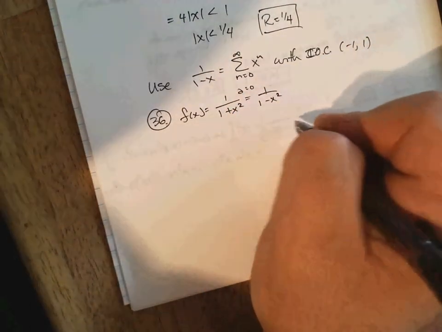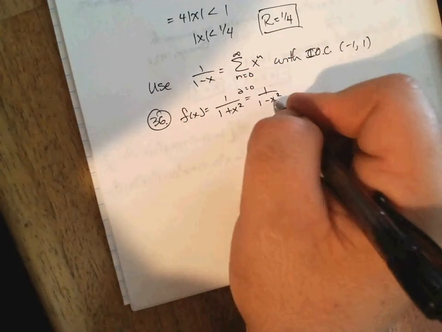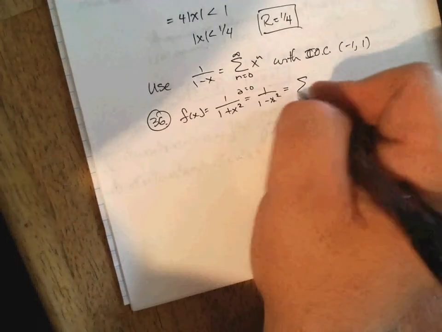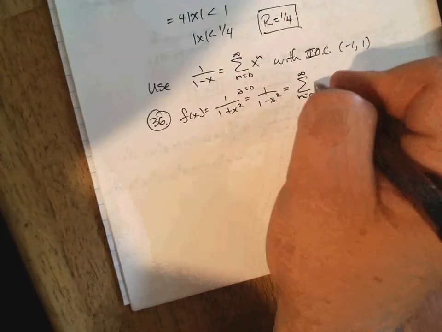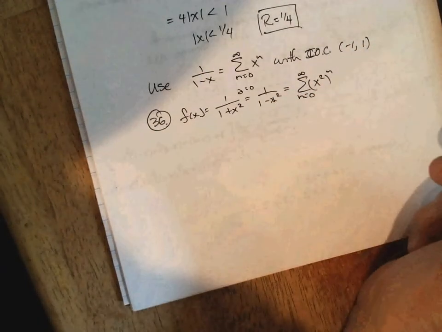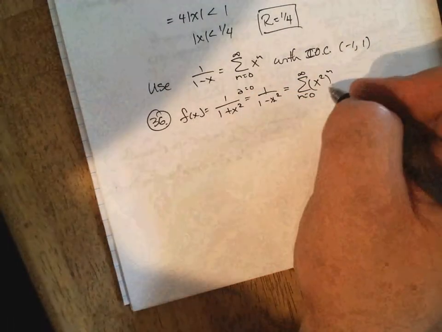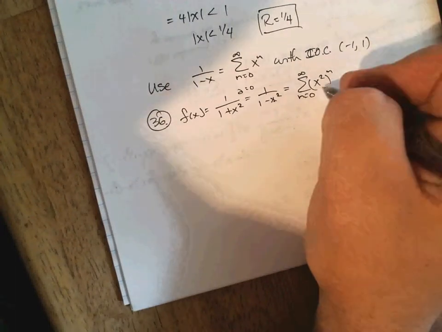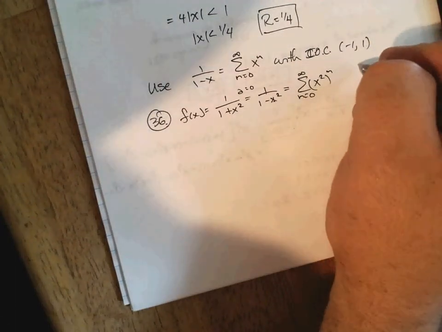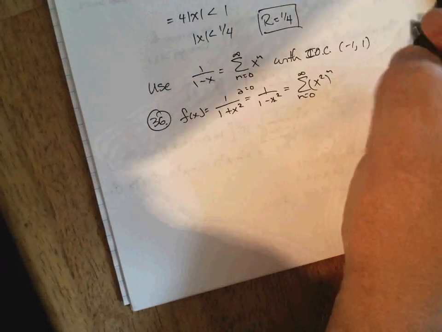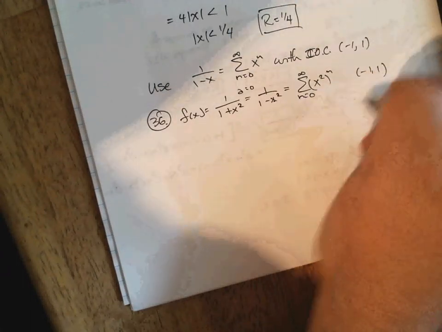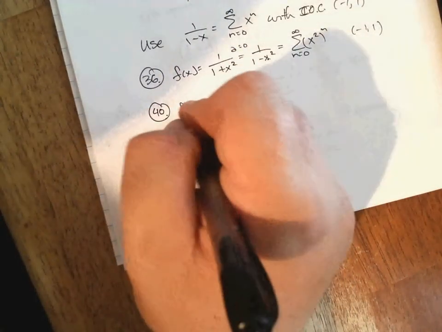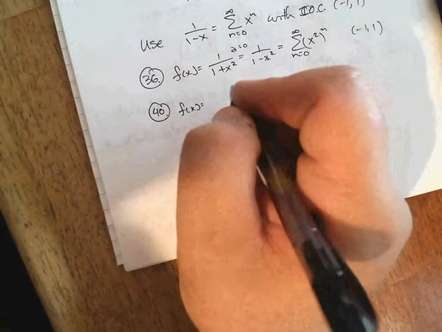I want to use this up here to write this as a power series. So the way I do that is I think of this as 1 over 1 minus x squared. Now it's matching up with this, where playing the role of x is x squared. So over here, all I have to do is replace the x with x squared, and I'm done. There's the power series representation for this. And the interval of convergence for this thing, well, now x squared has to be between -1 and 1, which means x still has to be between -1 and 1.